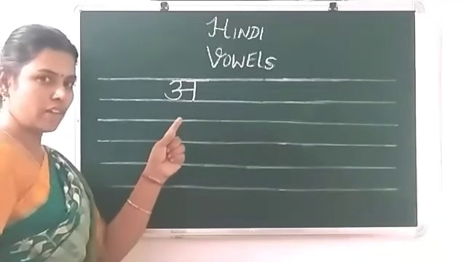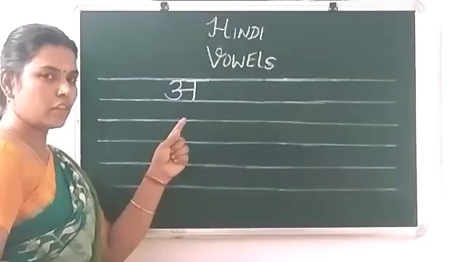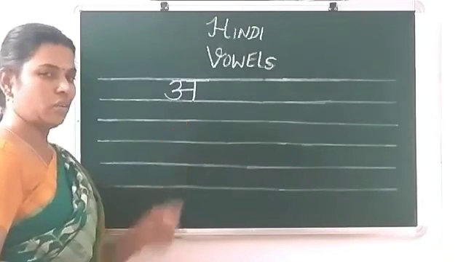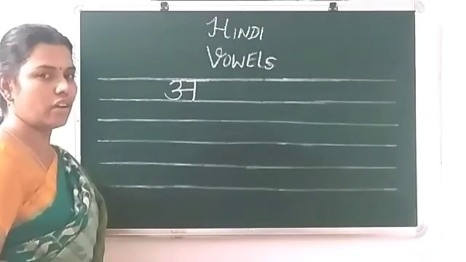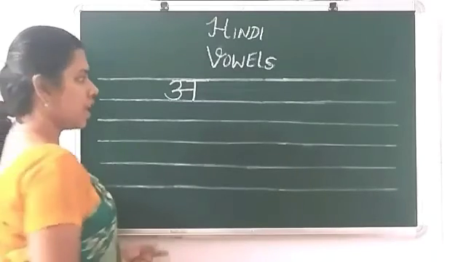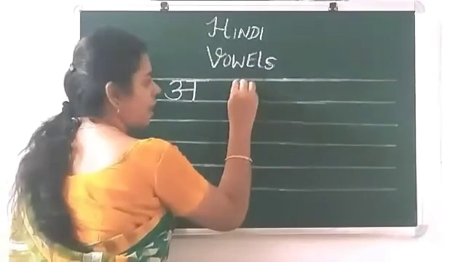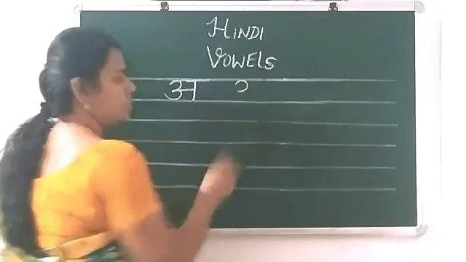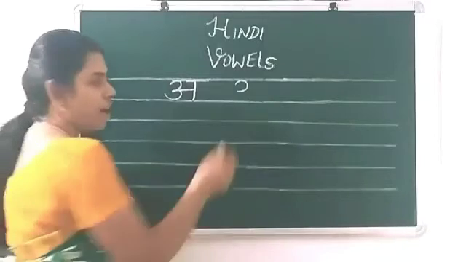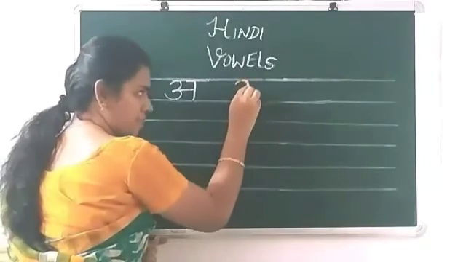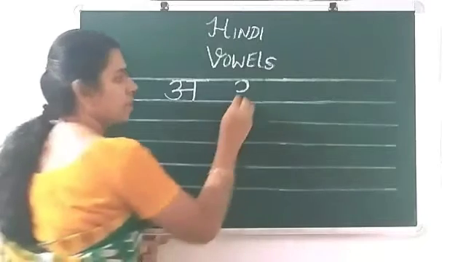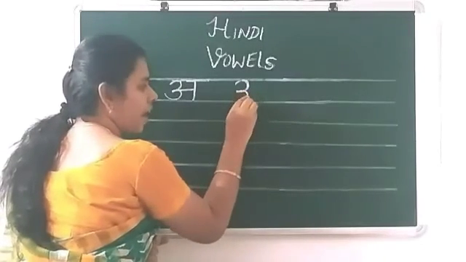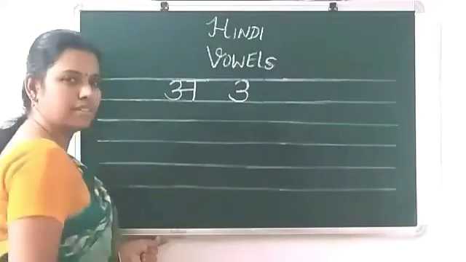Children, have you finished this letter? Shall we go to the next letter, A? Okay. Children, next letter, A. How do you write A? Children, first you draw a semicircle. And second step, connected to that, draw another semicircle.